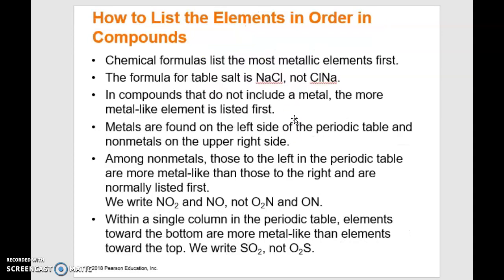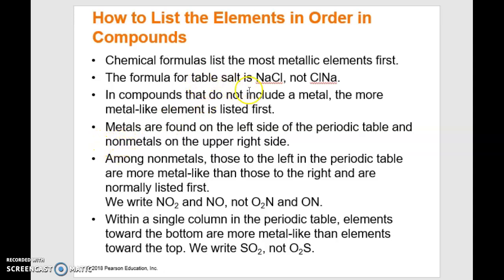All right, when you are writing chemical formulas, you always want to put the most metallic element first. The metals are on the left-hand side of the periodic table, and the nonmetals are on the right upper side of the periodic table. So the more down and to the left, the more metallic, and the more up and to the right, the least metallic.